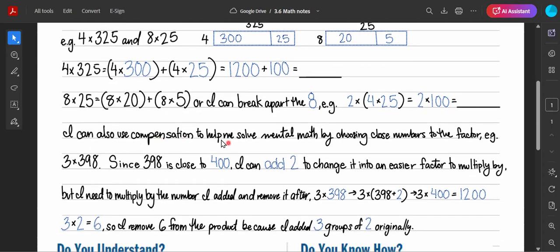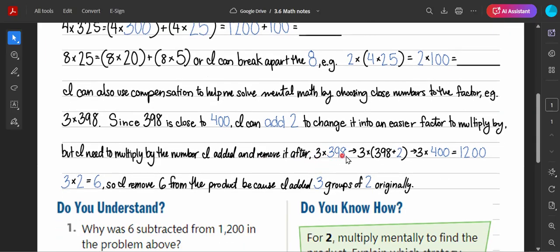I can also use compensation to help me solve mental math by choosing close numbers to the factor. For example, 3 times 398. Since 398 is close to 400, I can add 2 to change it into an easier factor to multiply by. But I need to multiply by the number I added and remove it after. So here we have an example. 3 times 398.